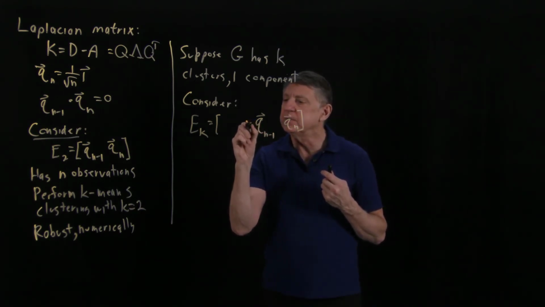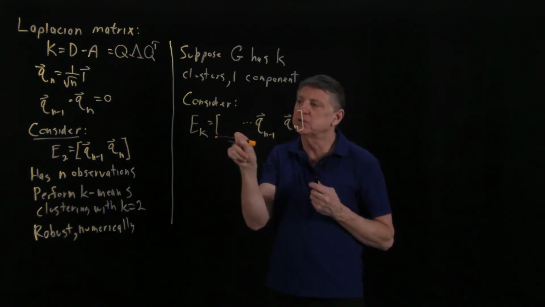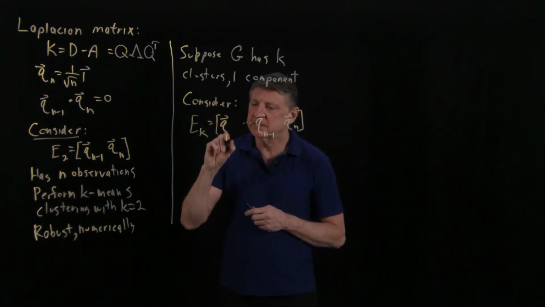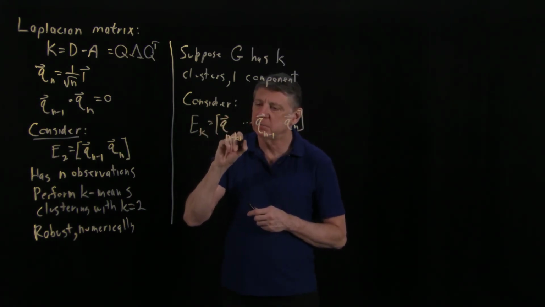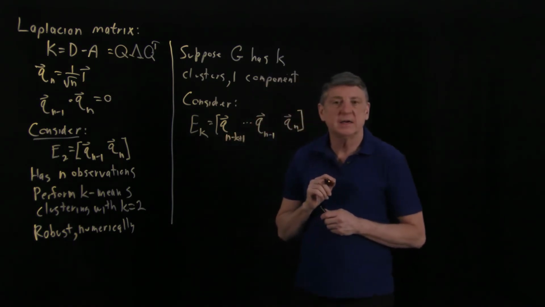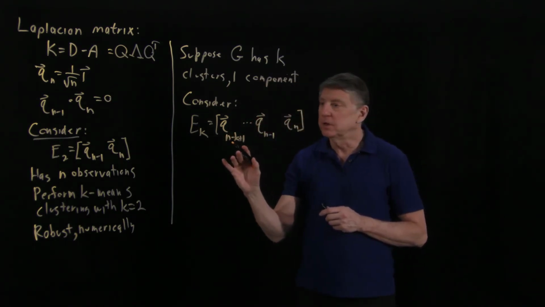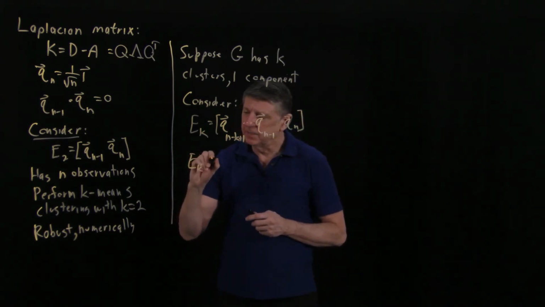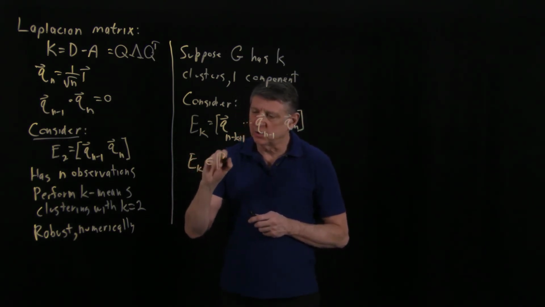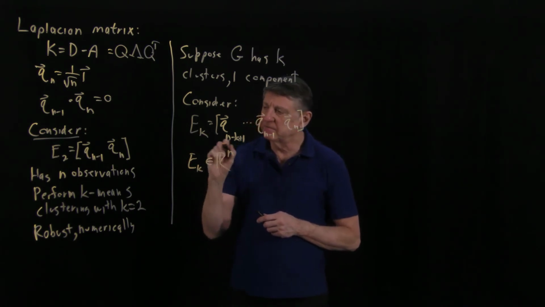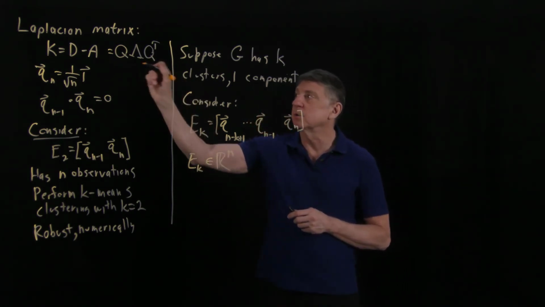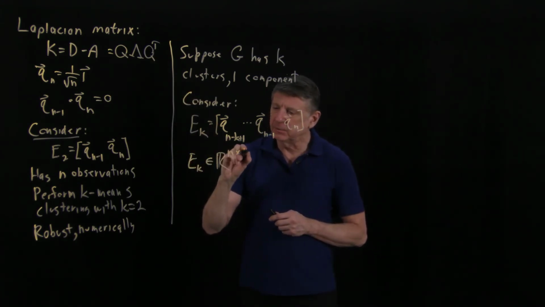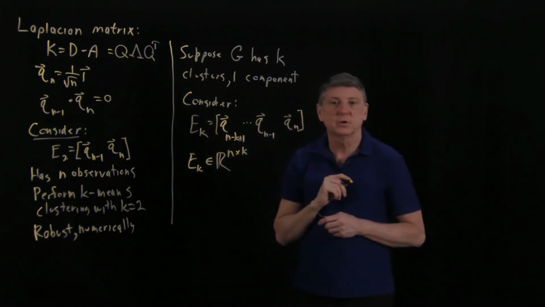And now we can keep going, and we can keep filling into the right until we get to Q sub n minus k plus 1. So E sub k is a matrix that has all real entries, and it will have n observations because there are n vertices in this graph, and it will have k columns.